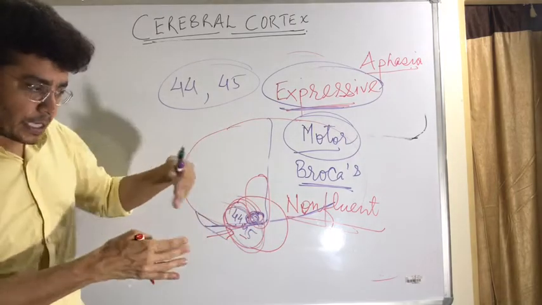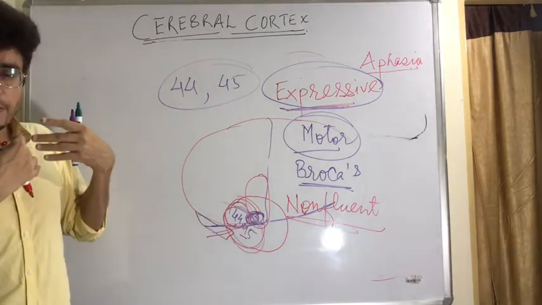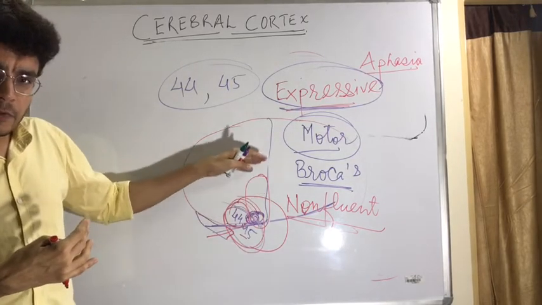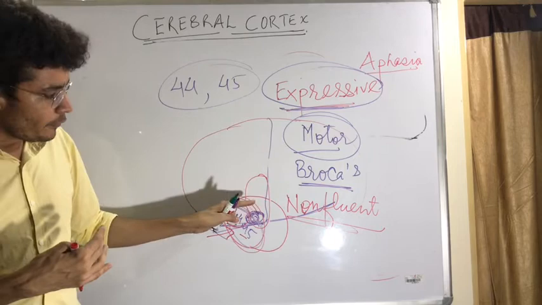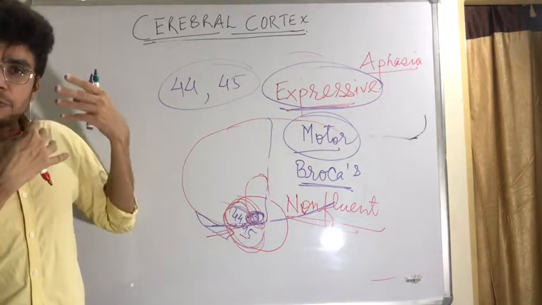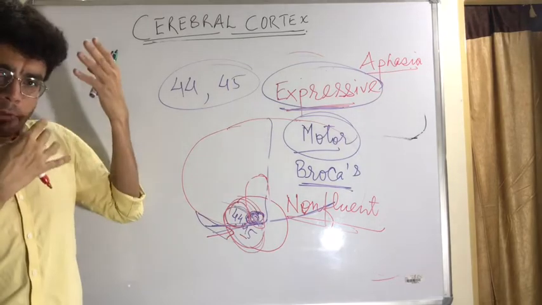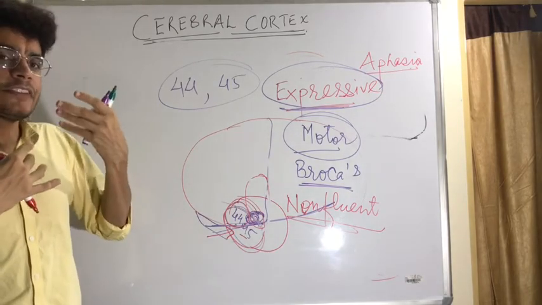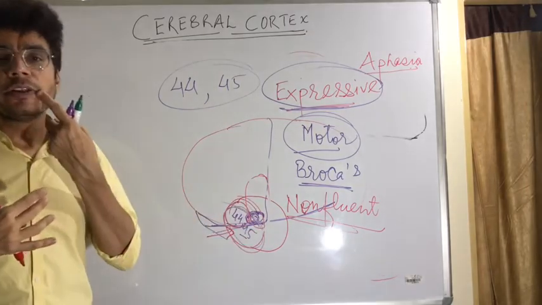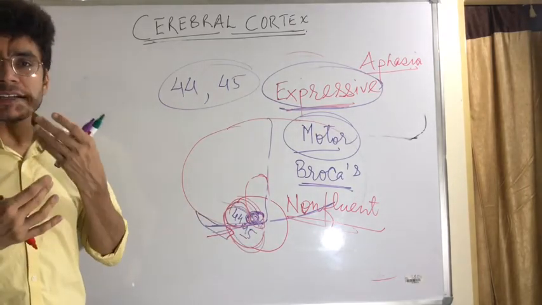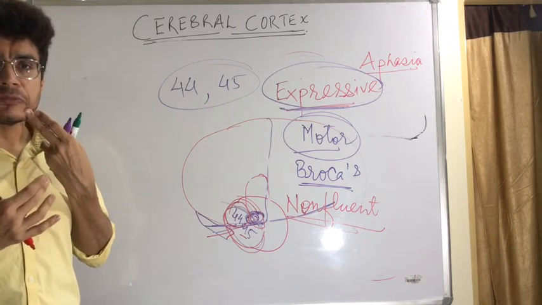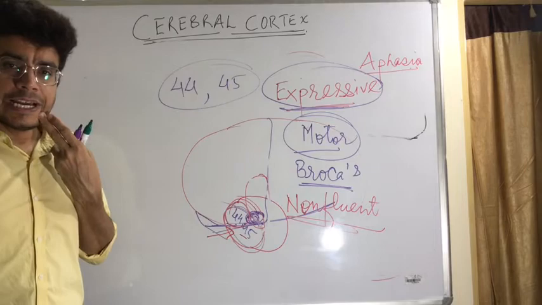This is the lower part, and because this represents our upper part of the body in the topographical representation, the motor homunculus, if only this much is involved, then there might be an issue with the upper part of the body, or we can say the facial part. If only the facial part is involved, then the same thing: on the contralateral side, the lower part of the face, there will be deviation of the mouth and that person won't be able to express himself.